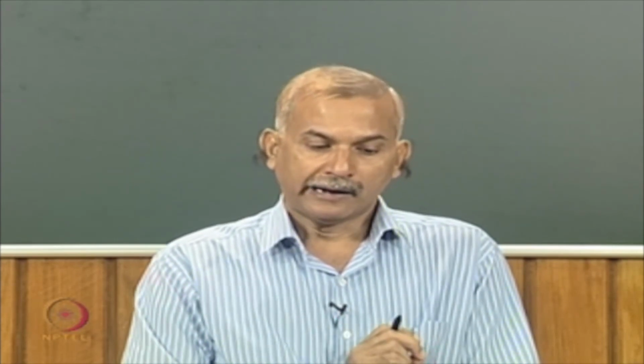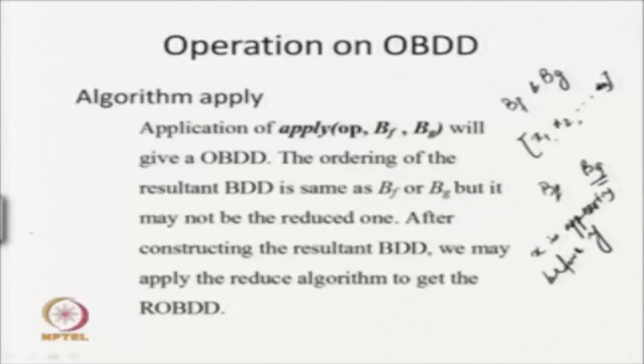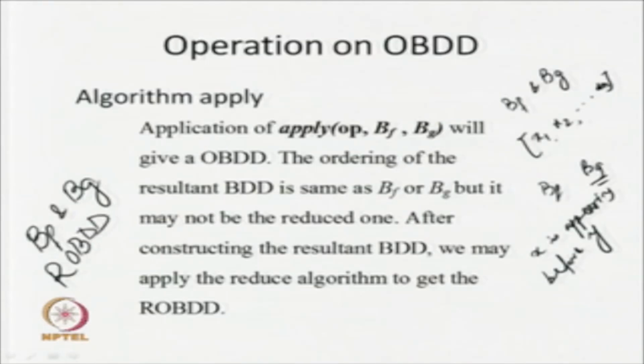So, when we use this apply operation, we give two BDDs BF and BG, and say that these two are ROBDDs, reduced ordered binary decision diagrams. After application of this operator, plus BF and BG, what will this apply algorithm return?